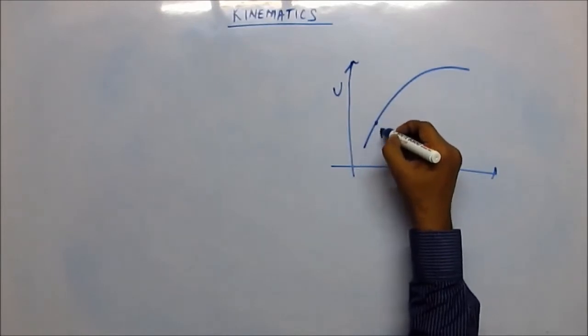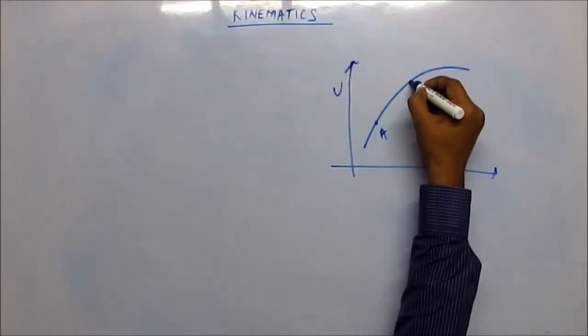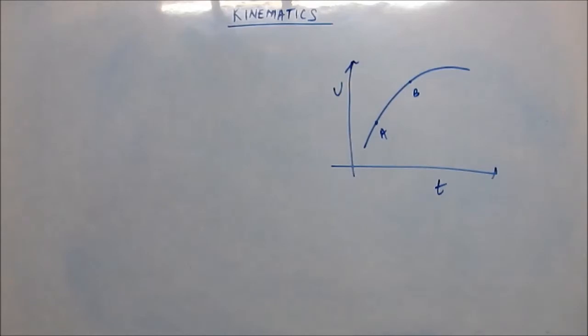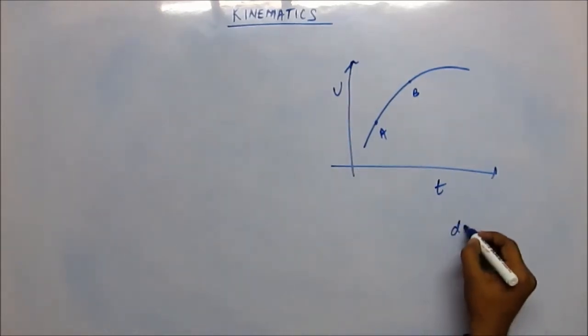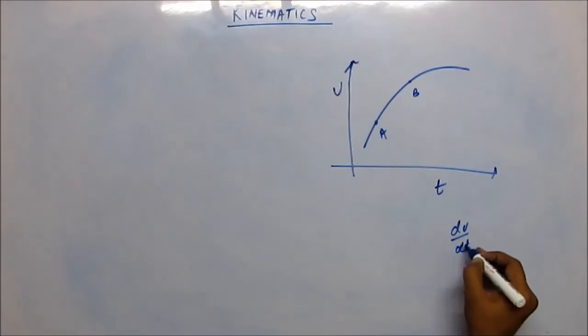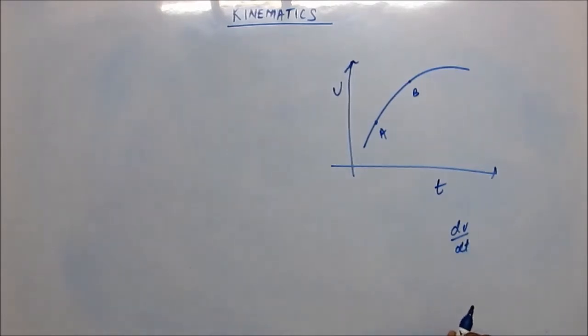We have 2 points A and B. In the velocity time graph, the slope dy by dx, here dv by dt, we know is acceleration. So the question is, at which point is acceleration more, at A or at B?